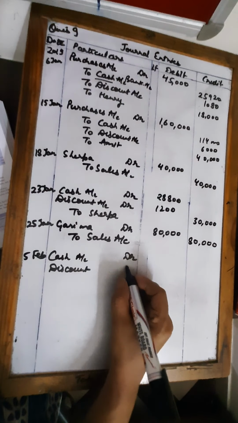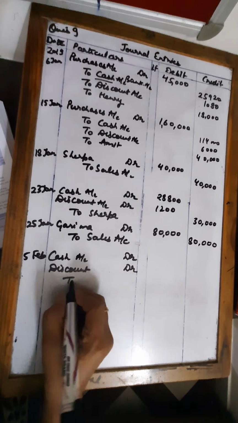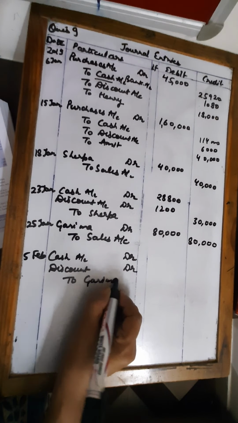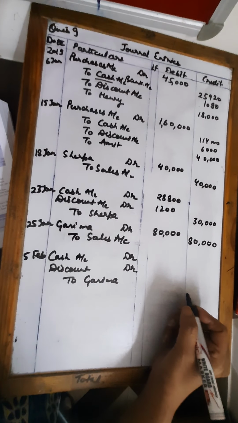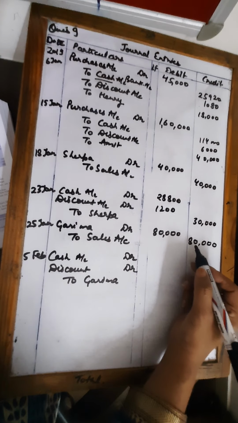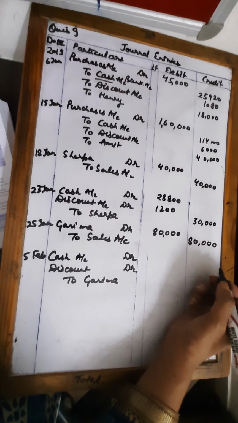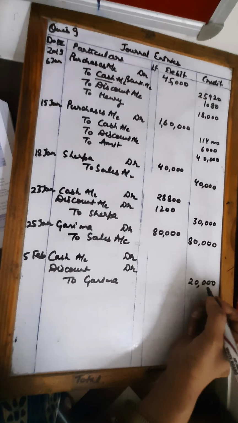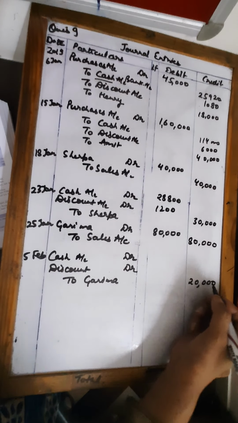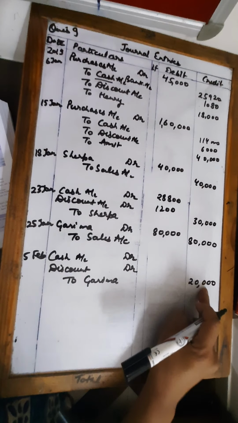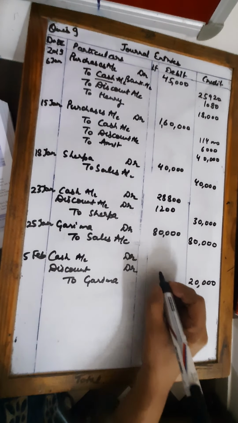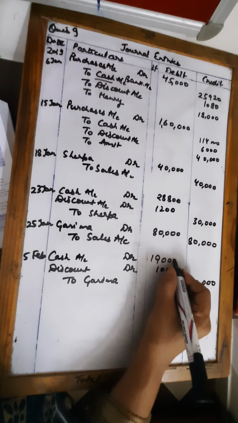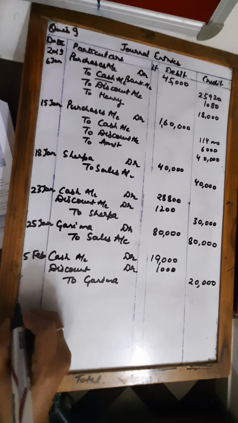She will receive discount also because she is paying within 15 days. 80,000 into 1/4, that is 20,000, and 5% cash discount you have to give on this value. 20,000 into 5 upon 100 is 1,000. 19,000 she is paying.